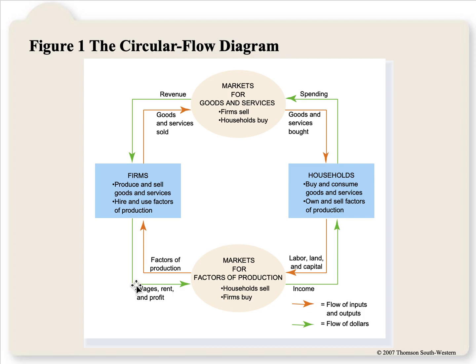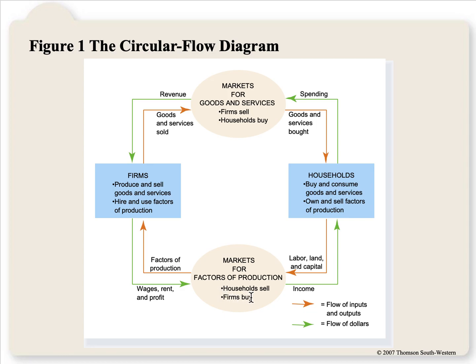So all these expenses will enter into the market for factors of production, because the firm will need to secure the factors of production in order for them to continue producing for the economy. And the household generates income via the selling of their labor.